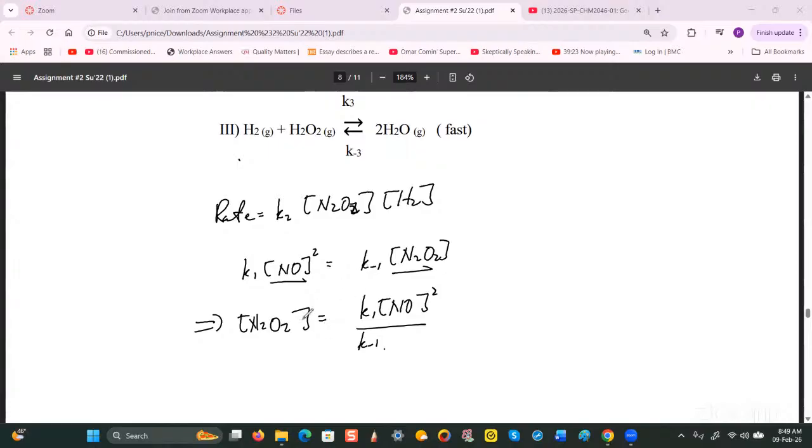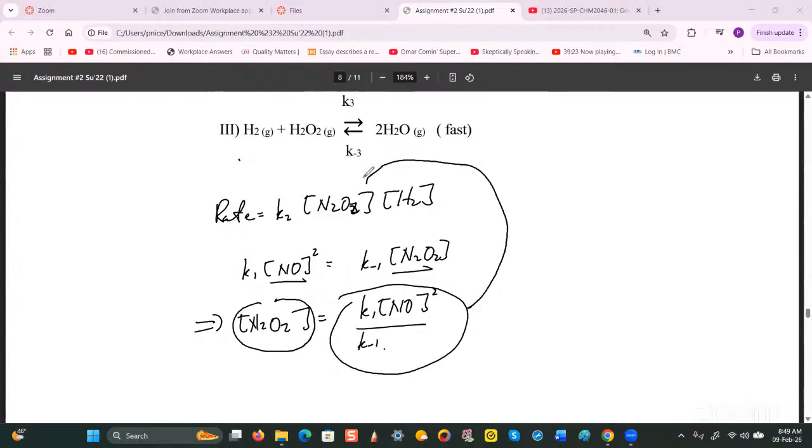Because we have the concentration of N2O2 expressed in terms of this, I can plug it in where the concentration of N2O2 is, and the result I'm going to put right here. The rate of the reaction will be equal to K2 times K1 times the concentration of NO squared times the concentration of H2 over K minus 1.